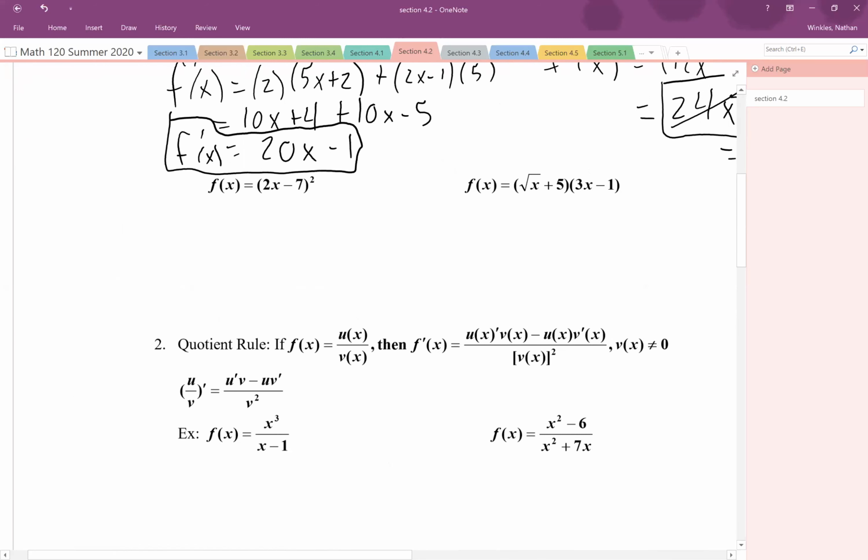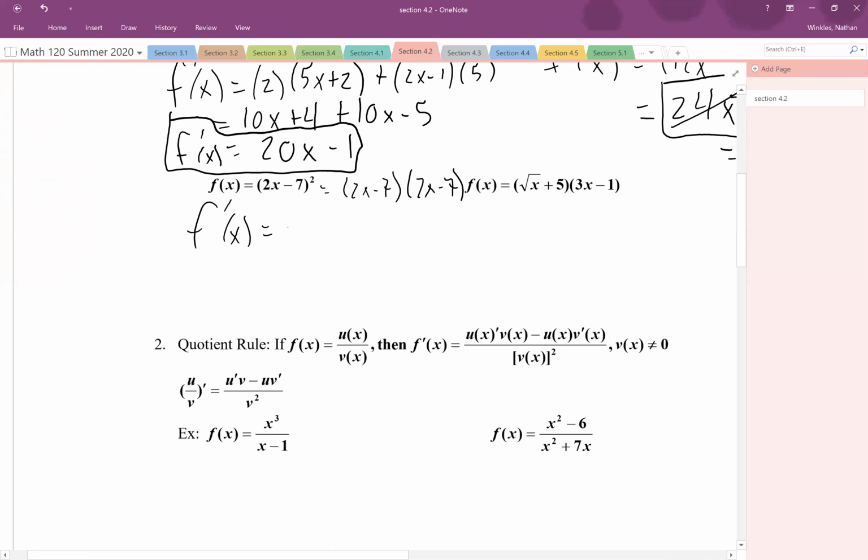For now, when you see 2x minus 7 all squared, we need to rewrite this as 2x minus 7 times 2x minus 7. When we make it to chain rule, we will see a different way that's a lot easier to work this type of problem.